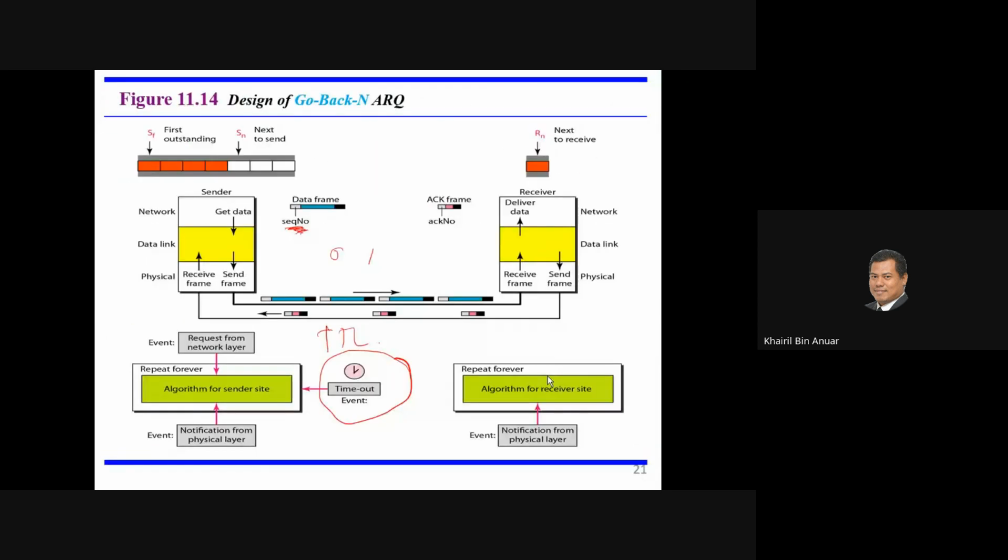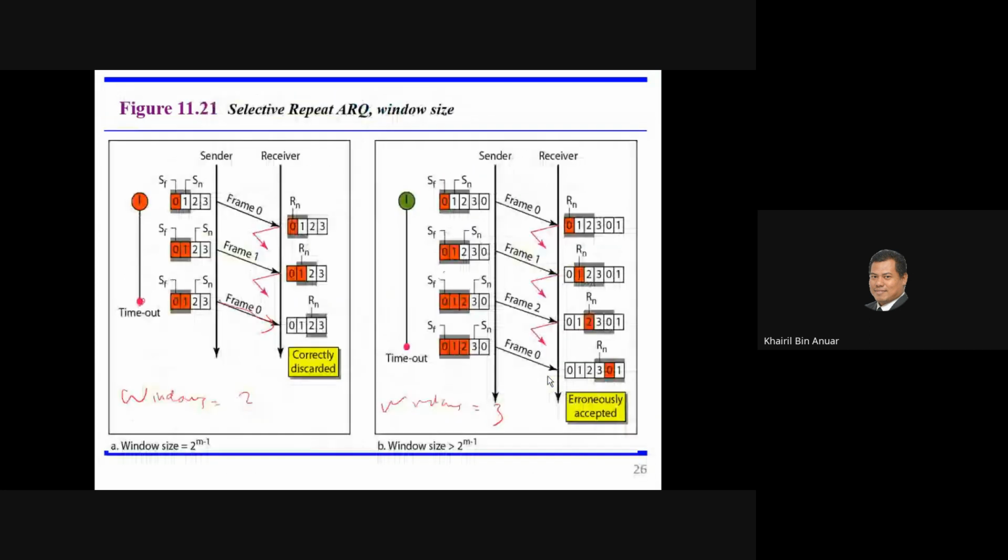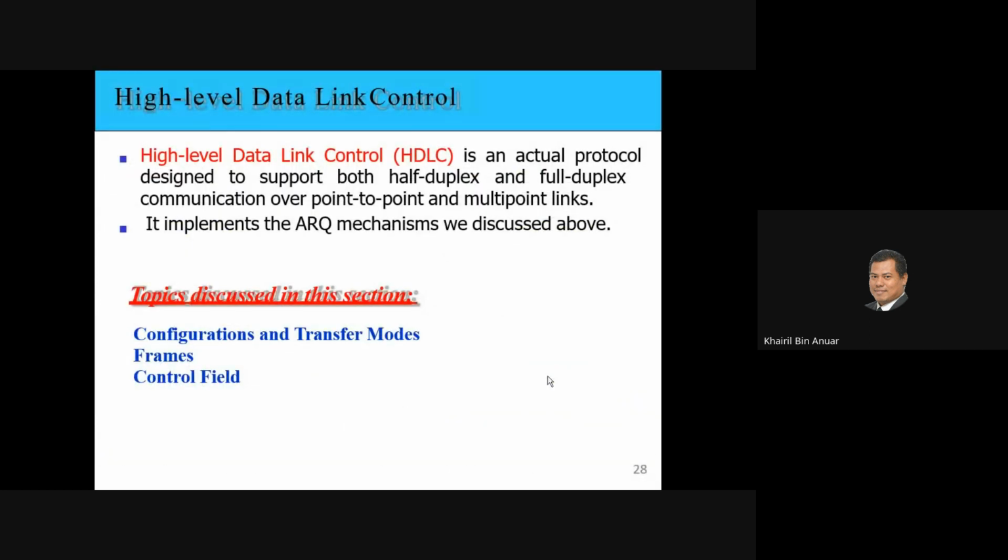The next thing is the HDLC. Now we have already seen the concept of flow control and error control, so basically you have the data link layer control.